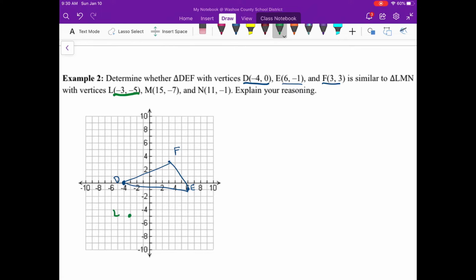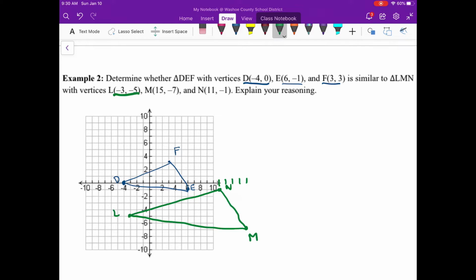Then I have L at -3, -5, which is down here. M at 15, -7. So we're going to have to extend our graph a little bit. And we're going to estimate about there. And then N at 11, -1. So there's my new triangle.